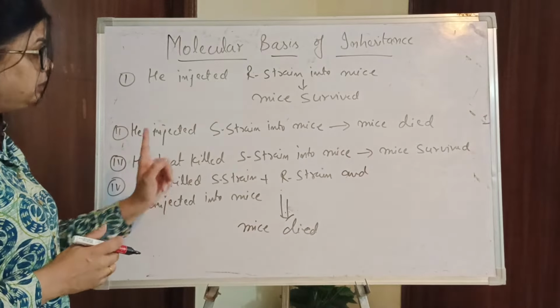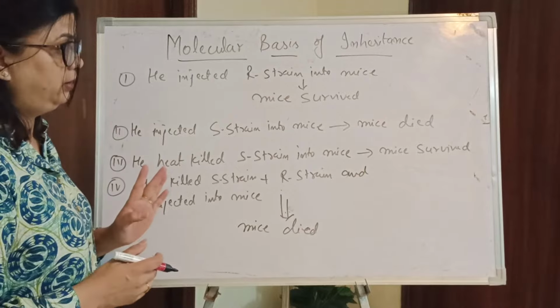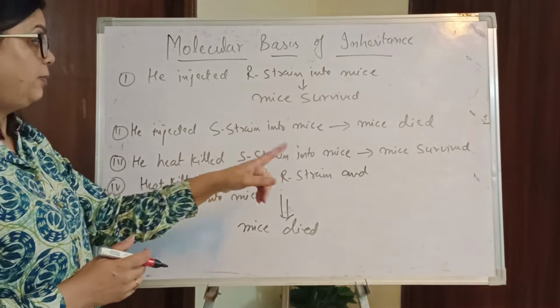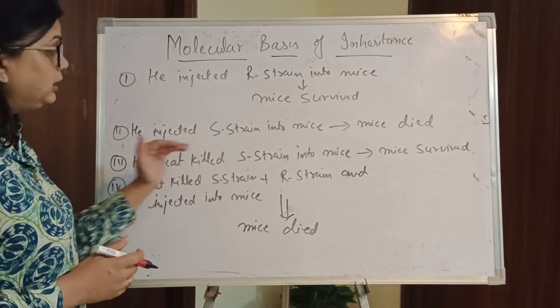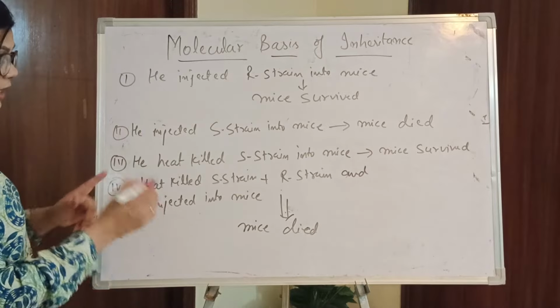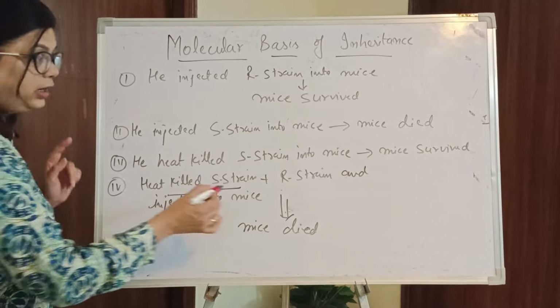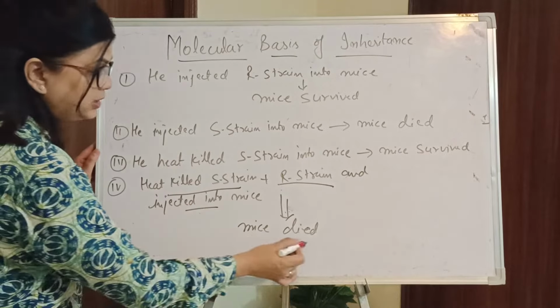That means heat-killed S strain did not cause any disease in the mice. But when he injected normal S strain, mice died. Heat-killed S strain, mice survived. But now when he injected heat-killed S strain mixed with the R strain, mice died.